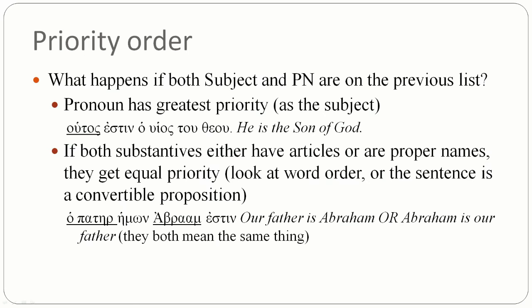Normally, in Greek, word order doesn't matter, but if you have two of these things on absolutely equal footing, the subject is usually going to be the one that comes first, unless there's no way you can translate the sentence with it making any sense that way. The one that is first is normally going to be the subject.